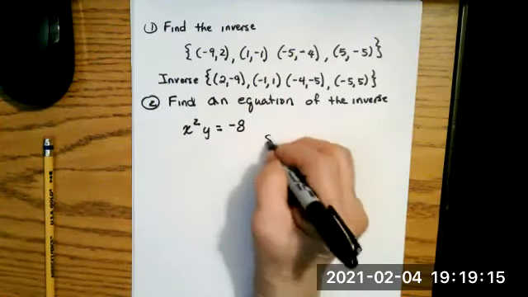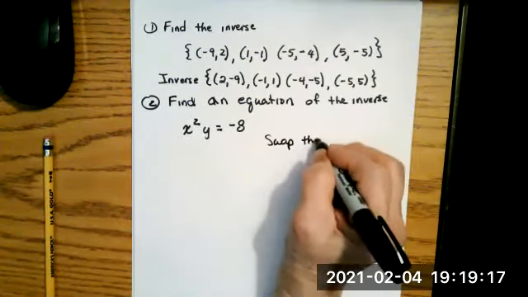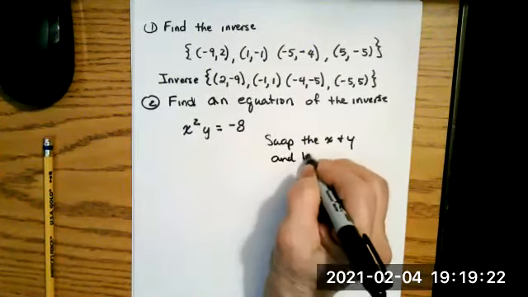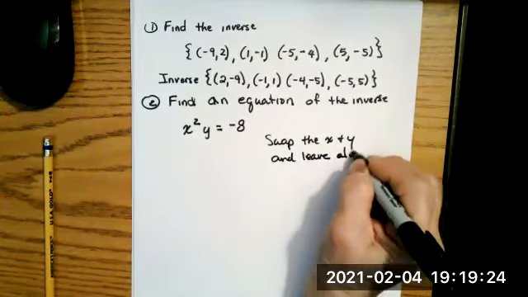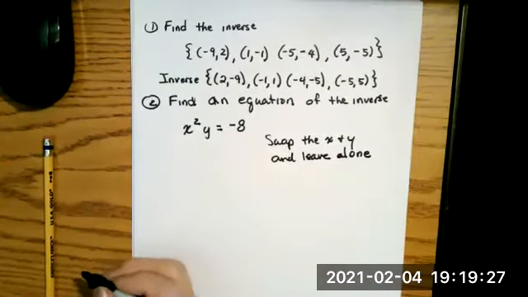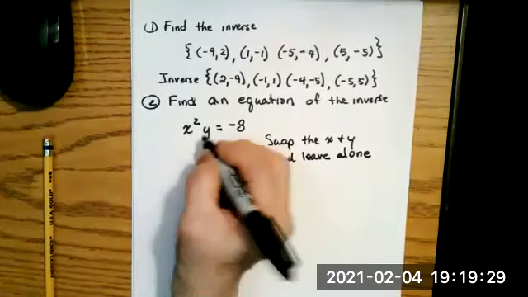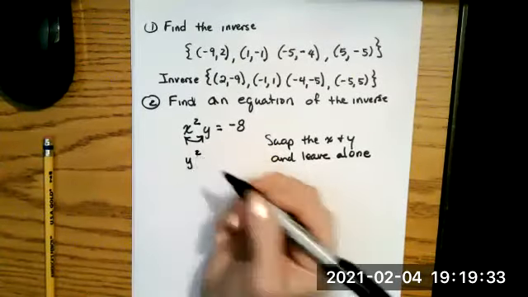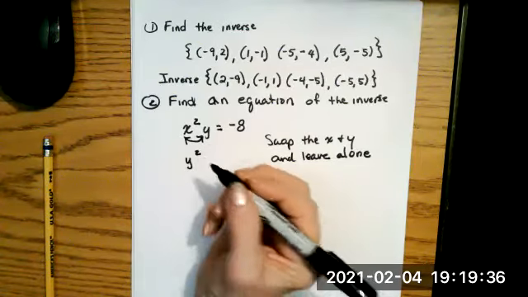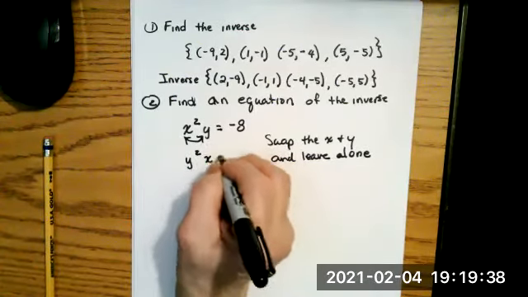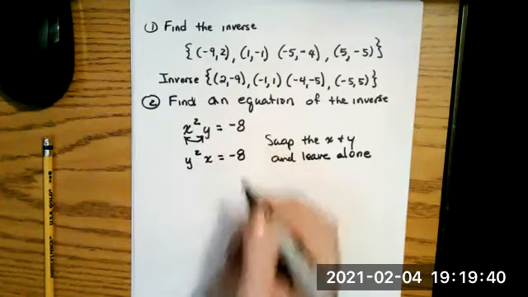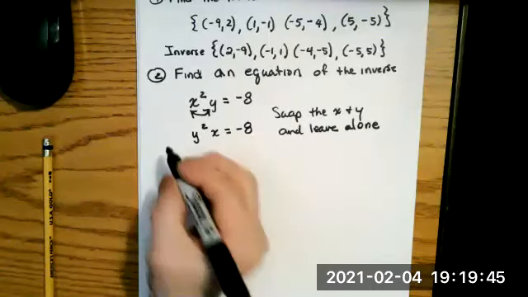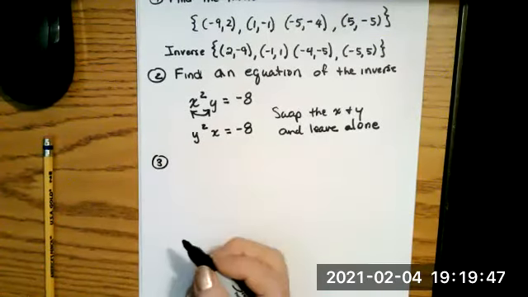So all you have to do is swap the x and y and leave it alone. Don't try to solve on this one. Just swap it. So these two things are going to swap. It's going to say y squared. Notice the 2 stays where it is. The y becomes x, and you have -8 over here. On this one, you don't have to worry about solving for y or doing anything else to it. You just swap it.